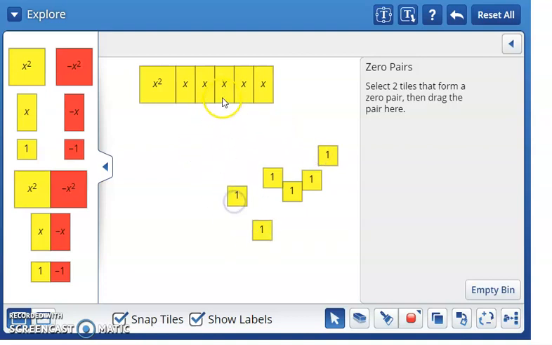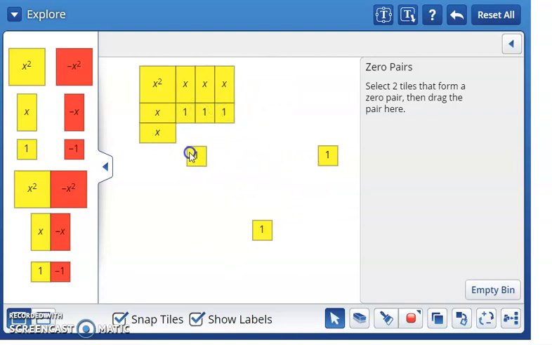Some of these you're going to have to put on their sides, so we can rotate these. I'll rotate a couple of these, and then start filling in my ones. And there we are, we've created a rectangle.